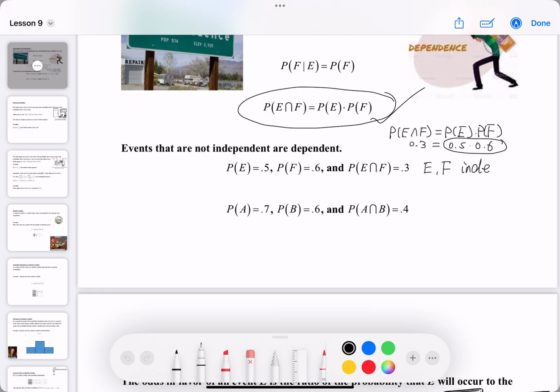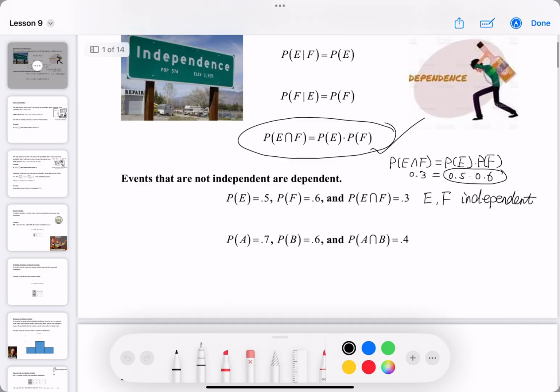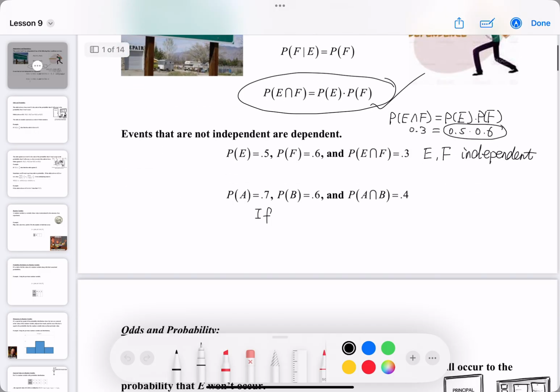Let's verify another one. If P of A and B equals P of A times P of B, then they are independent. Let's see whether this is equal or not. P of A and B is given as 0.4.